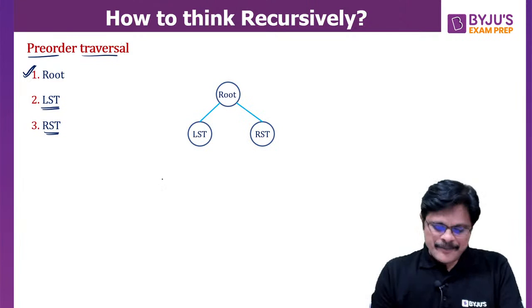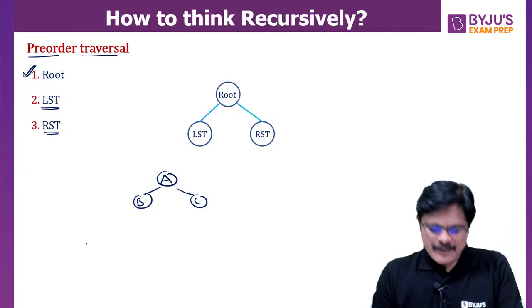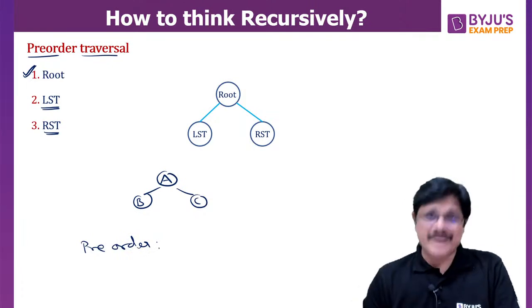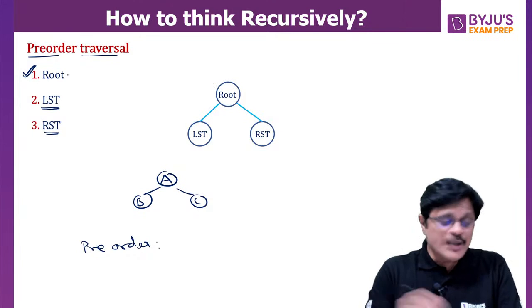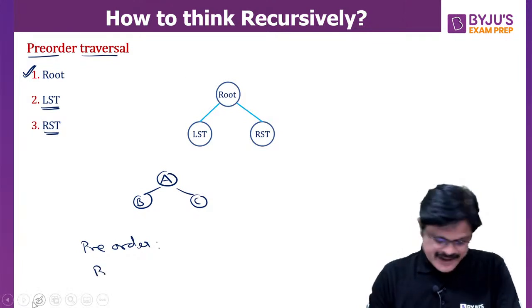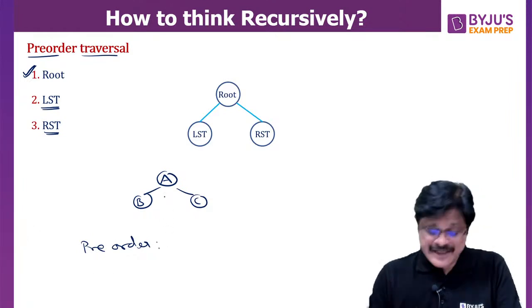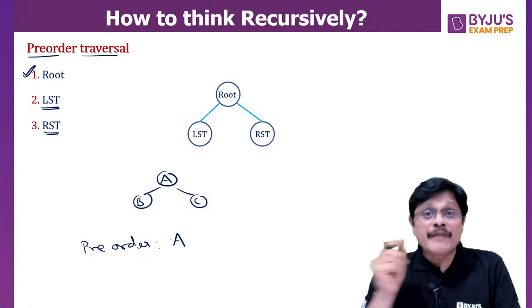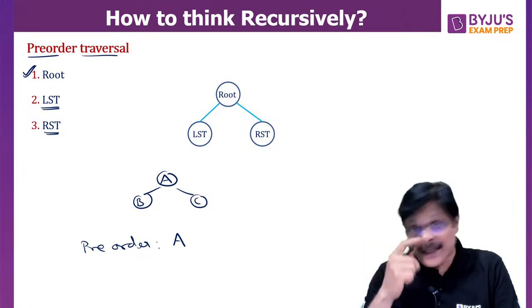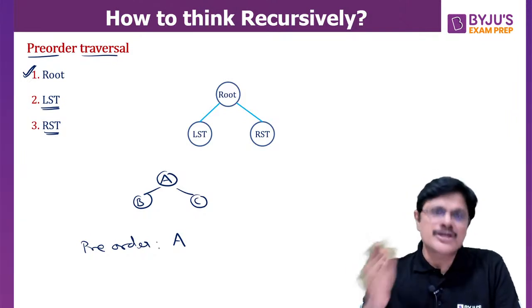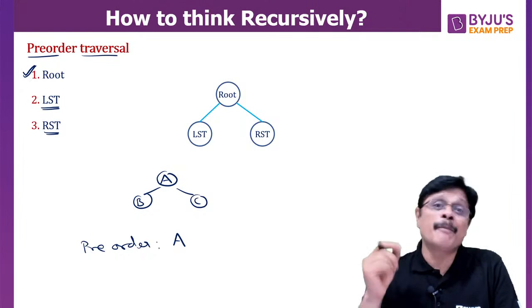For example, if I have a small tree like A, B and C, what is the pre-order traversal of this? First we visit the root node, A. Then we visit the nodes of the left subtree recursively in pre-order manner.